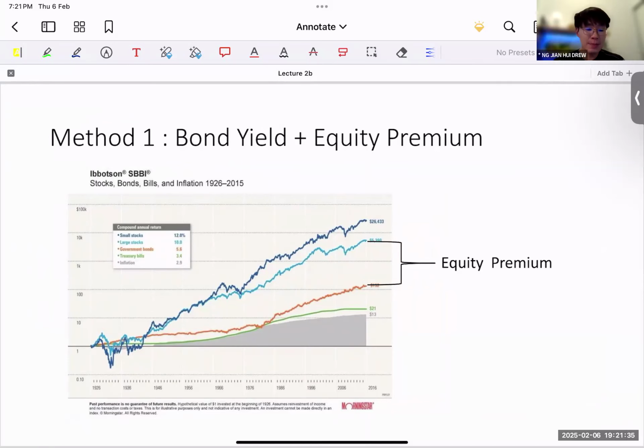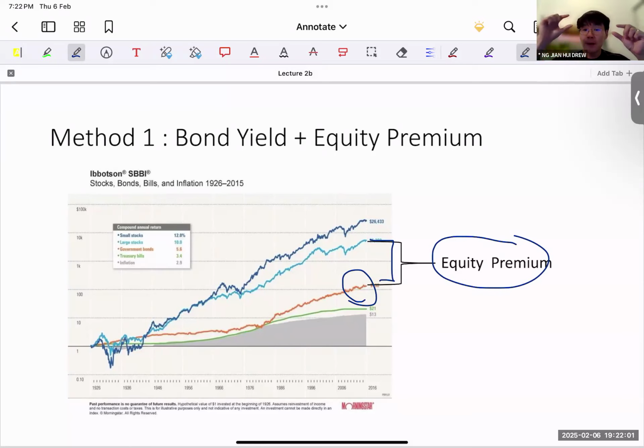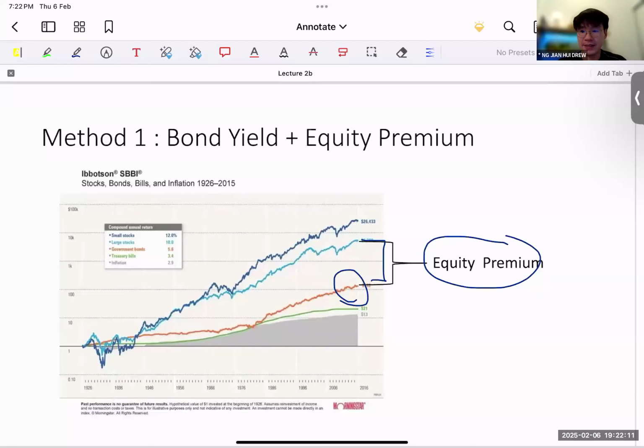So if we are able to determine the yield of a bond, and let's say we determine the yield of a government bond at this level here, then with the equity premium that we can determine, which is this gap here, because equity is more risky than the bonds, we're able to determine the cost of equity. You just take the returns on the bond plus the equity premium, and this combination would then give you the cost of equity. Okay, that's the first method.